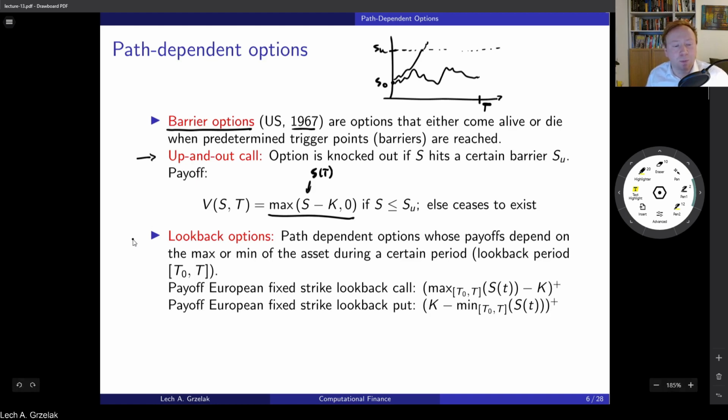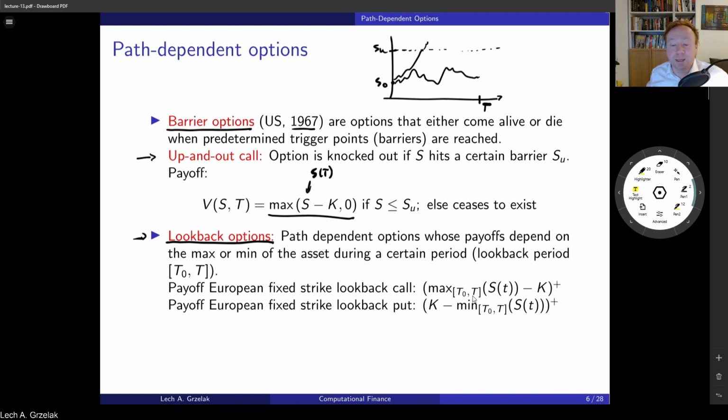Okay, another possibility of another contract where you have a path dependence. This is slightly different from what we have seen for the barrier option. So when we had to breach some barrier, or we had a digital type of payoff, here we have a so-called lookback option, which is defined as follows.